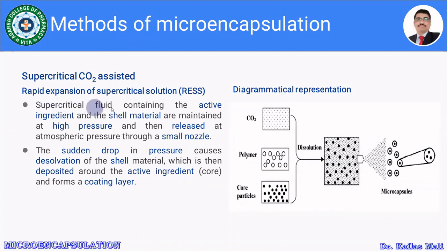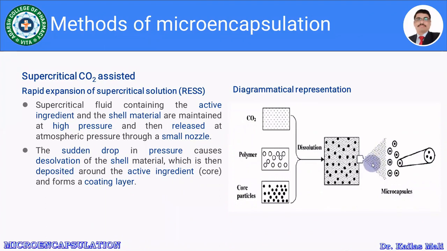The supercritical fluid containing the active ingredient and the shell material is maintained at high pressure in this chamber, then released at atmospheric pressure through a small nozzle. The sudden drop in pressure causes desolvation of the shell material, which is then deposited around the active ingredient, that is the core, and forms a coating layer.